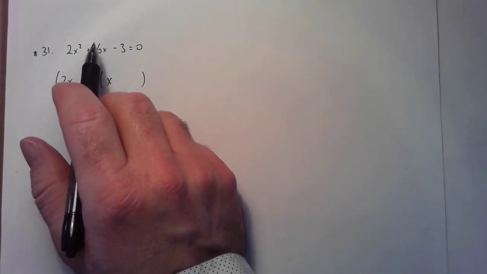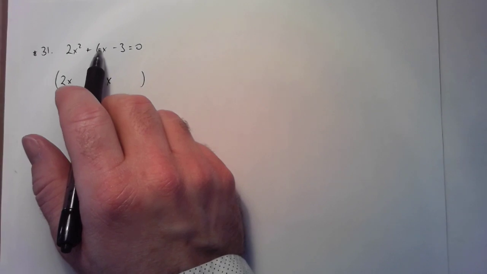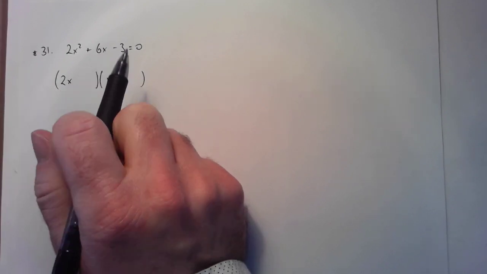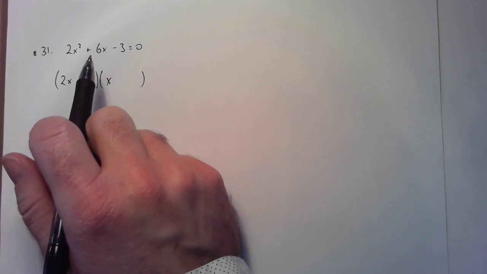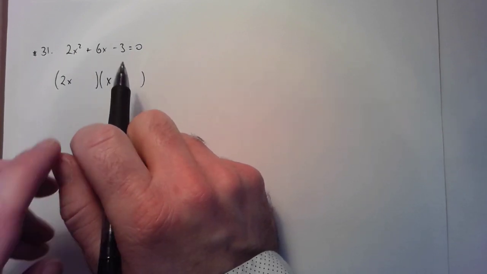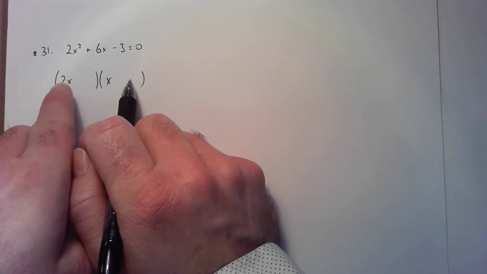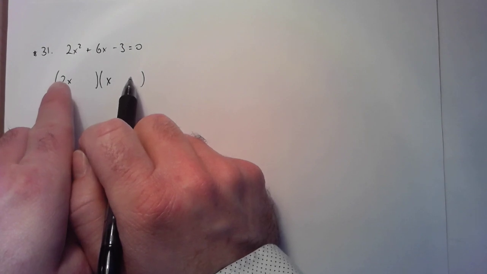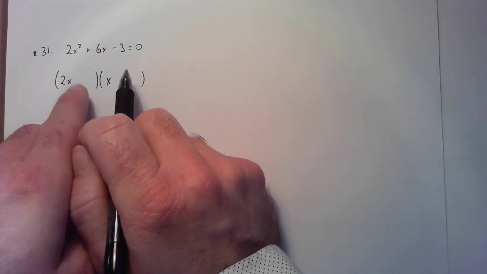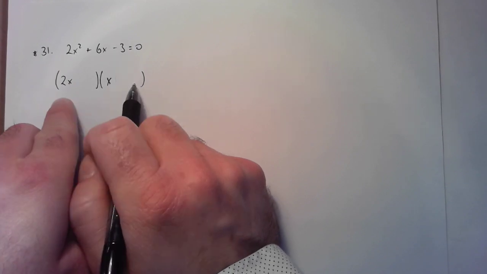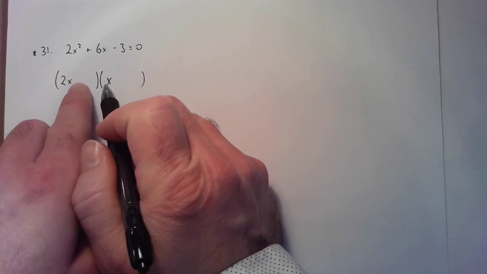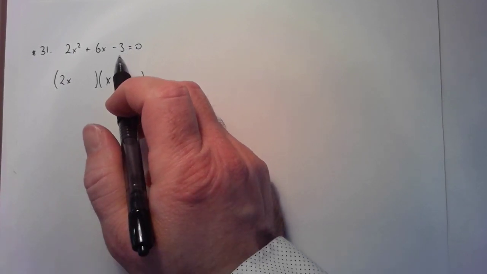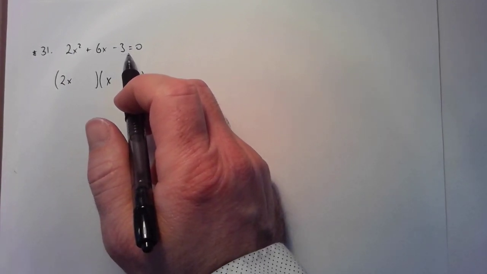Now, in order to add to make 6, it has to be double of something plus single of something. I say double because whatever is here will be multiplied by 2x. So just by example, if these were both 1, I'd have 2 times 1 plus 1 times 1. So really, the key here is -3.